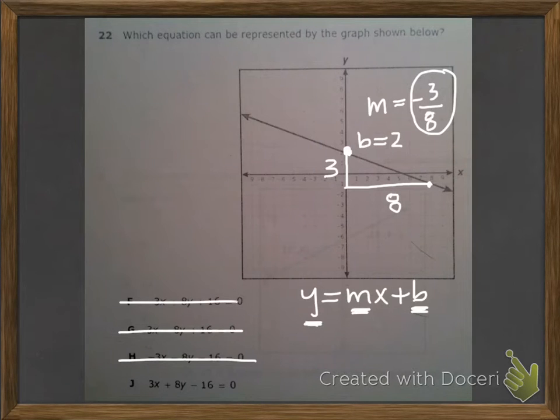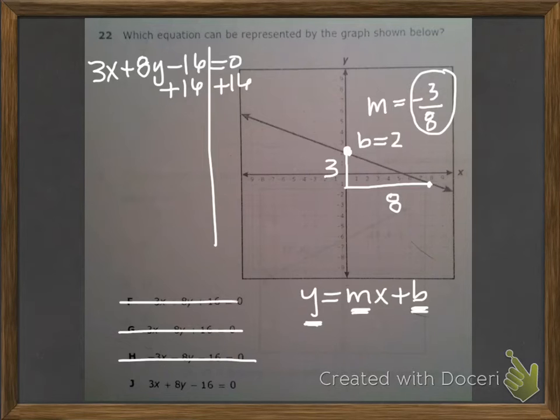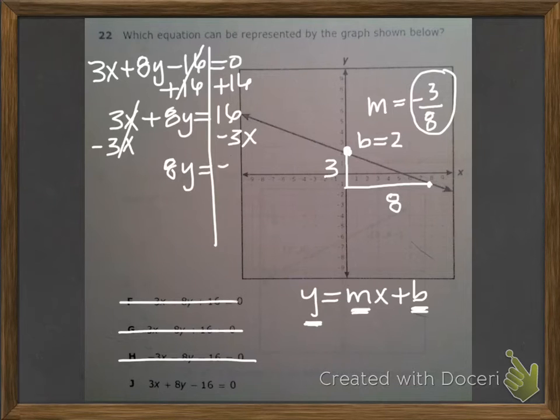All right, so j is 3x plus 8y minus 16 equals 0. Let's move our constant of negative 16 over by adding it to both sides. So we get 3x plus 8y equals 16. Move my x term over by subtracting it from both sides, minus 3x. 8y equals negative 3x plus 16.